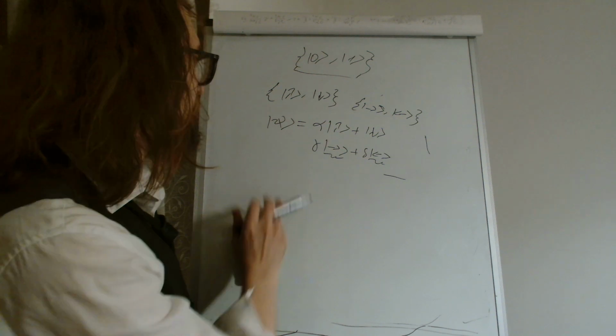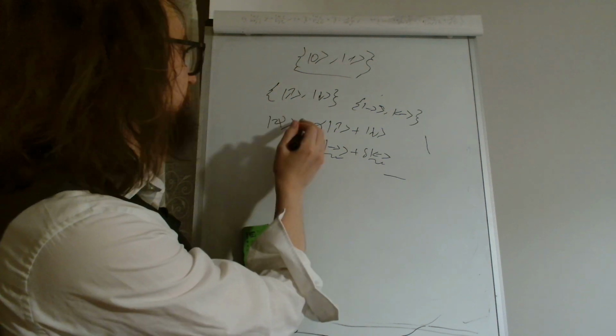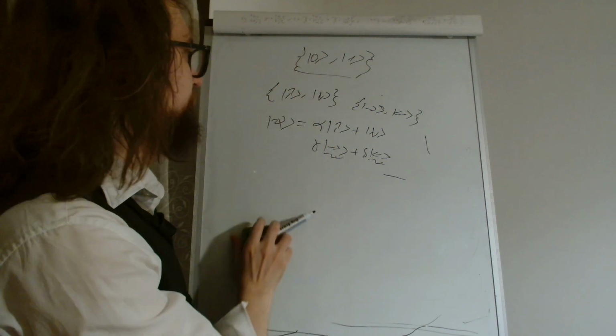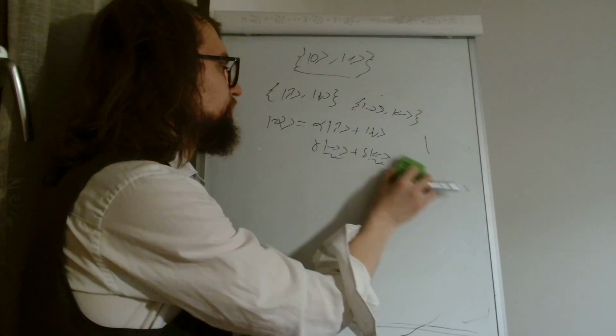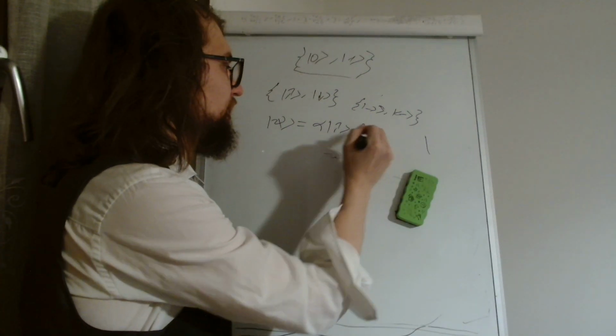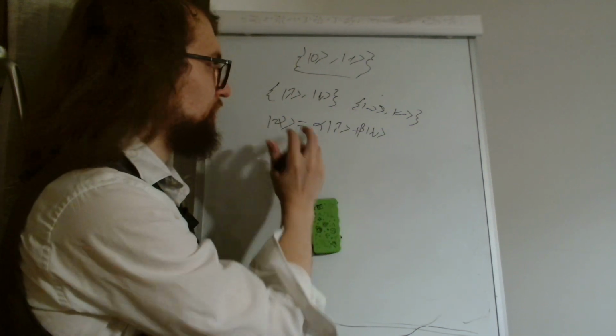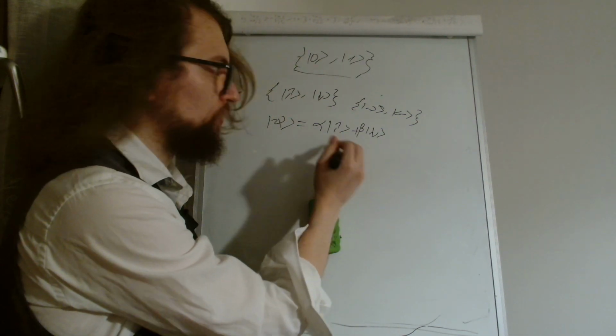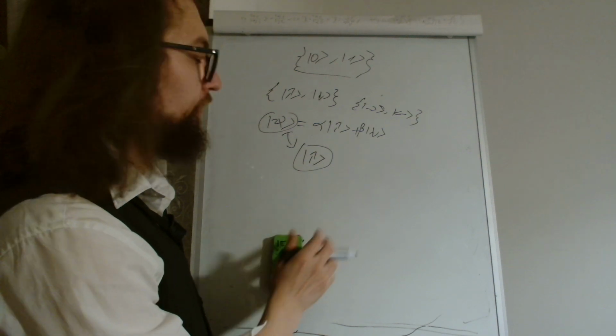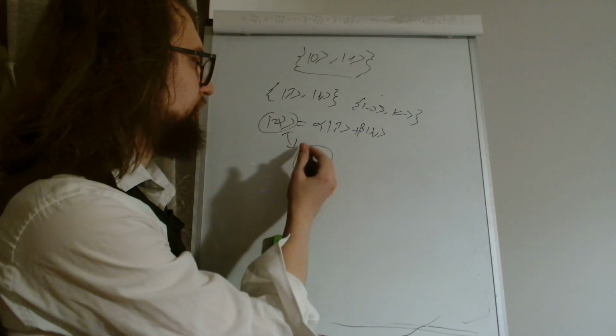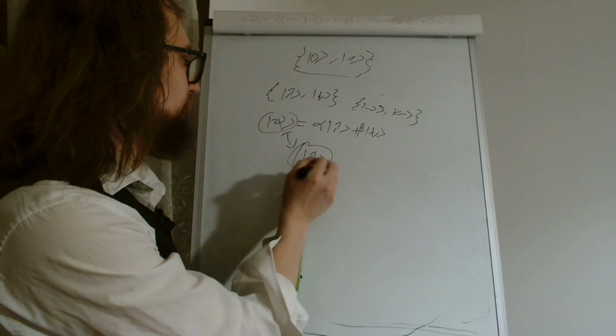For example, once you have measured psi and the measurement will return one of these two values, then psi changes state into one of these two eigenstates. If the result is up, we get this state.